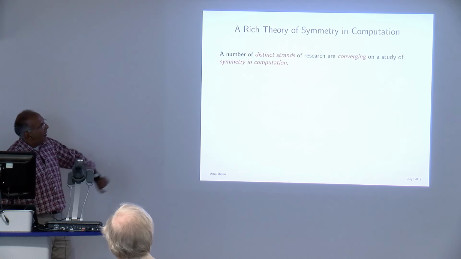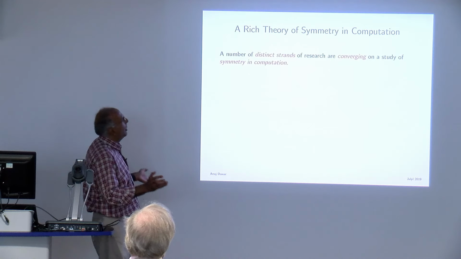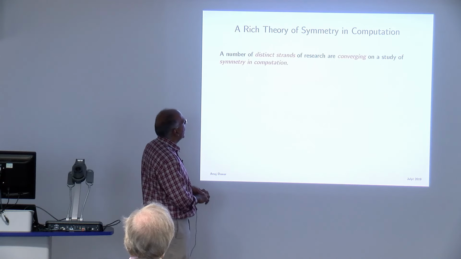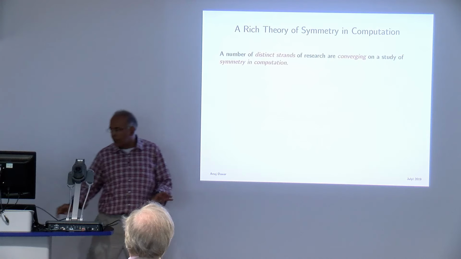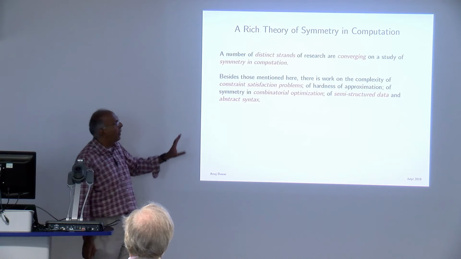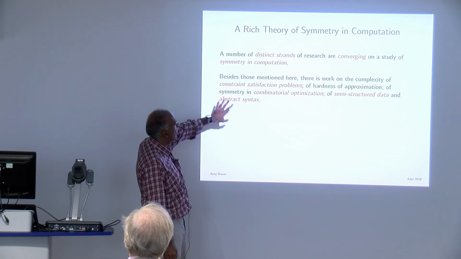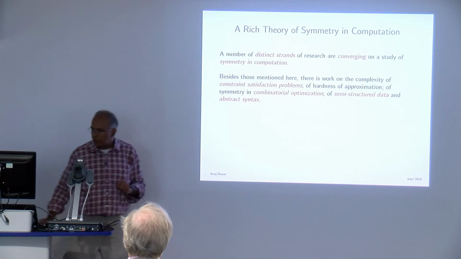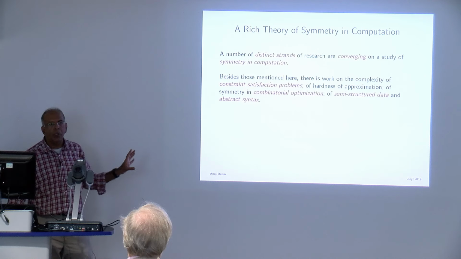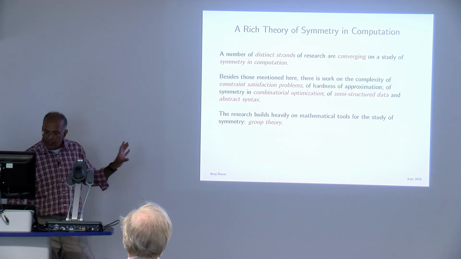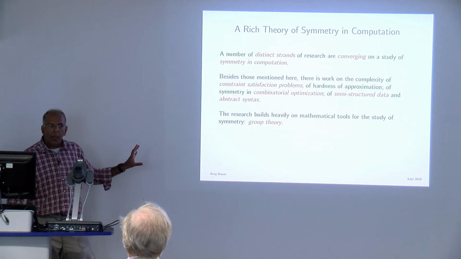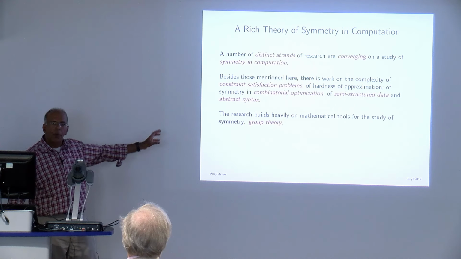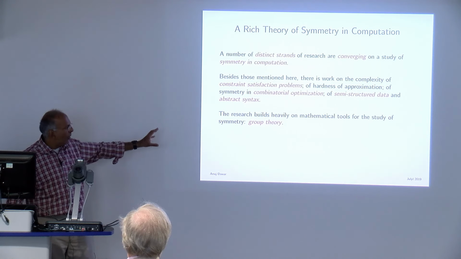But as I said, this is part of a bigger project on studying the theory of symmetry in computation. There are many other strands to this. I mean, there are things to do with complexity of constraint satisfaction problems, hardness of approximation, which I briefly mentioned, combinatorial optimization, various other strands where the same notions of symmetry seem to pop up. I didn't tell you much about the proof methods of our equivalences.